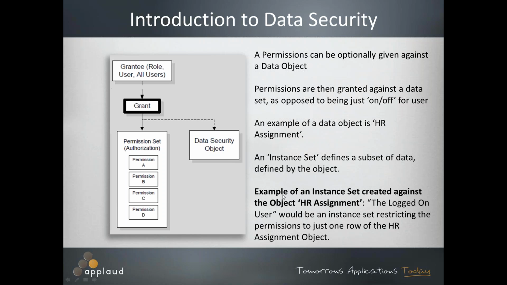The data object HR assignment would describe the set of all assignments, and an instance set might be something like the logged on user's assignment. That's just one single row in the assignments table, analogous to my assignment as the logged on user. So the data object describes a big superset of data, and an instance set narrows that data definition down to a smaller number of records.